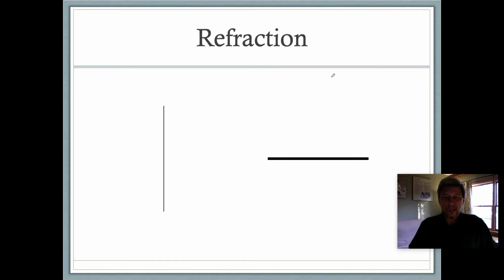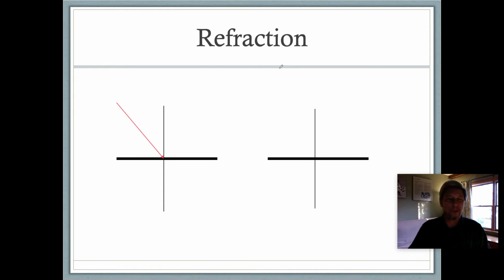So let's put together a little puzzle here. The thin line here is going to be the normal line, and the darker line is going to represent a boundary between two different media.